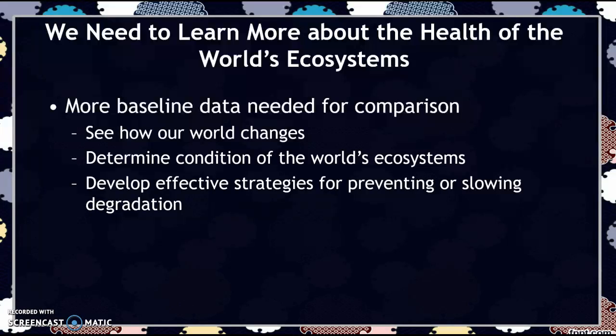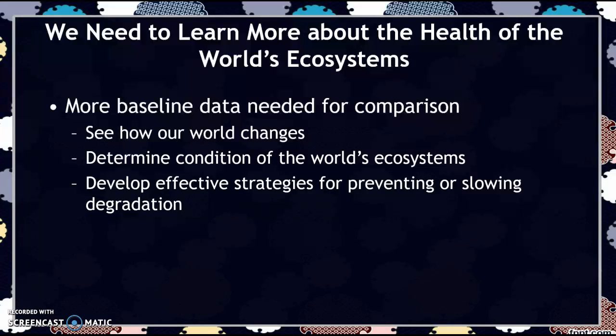And only once we have these baseline data where we can actually do comparisons can we develop these effective strategies for preventing or slowing degradation. If we don't know if a strategy is helping or harming, we can't say yes, this is an effective strategy.